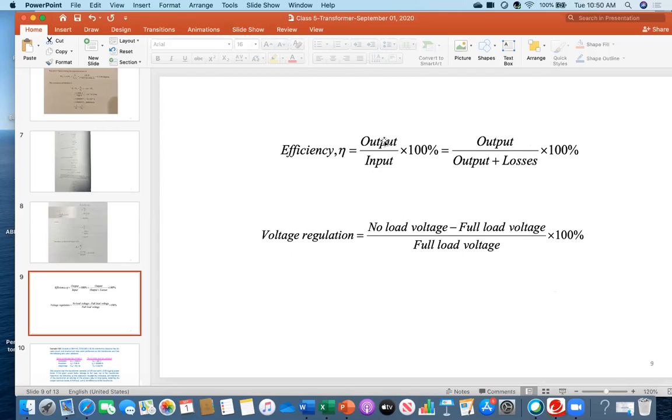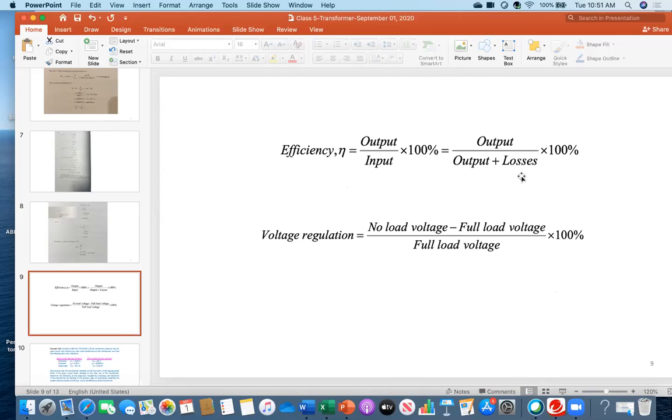It is the ratio of output to input, taken as a percentage. So what is the output and what is the input? Input means output plus losses. So in the case of a transformer, if you know the output and the losses, then you can calculate the efficiency.